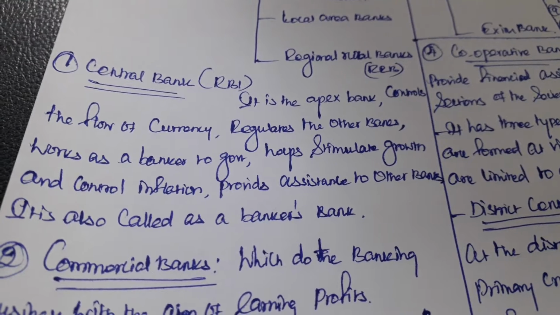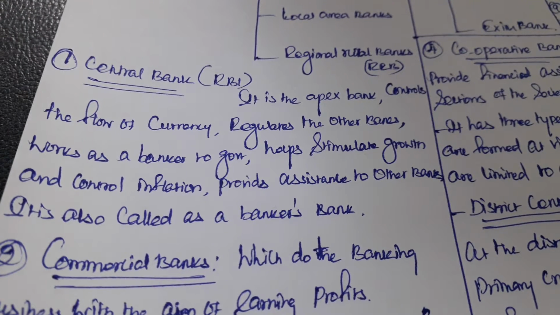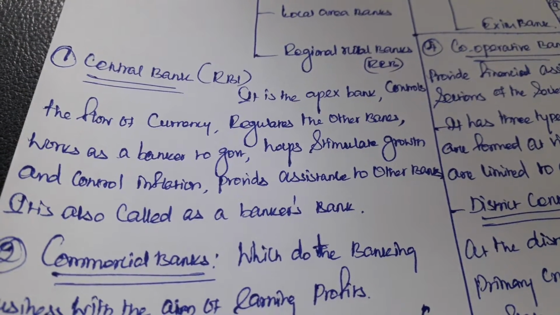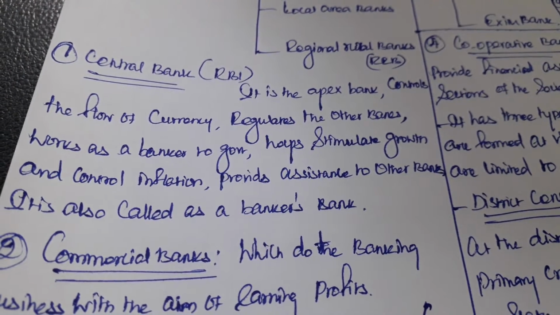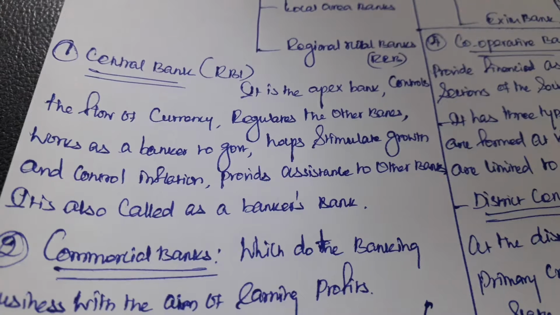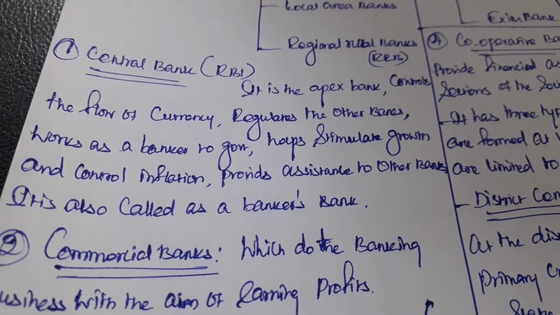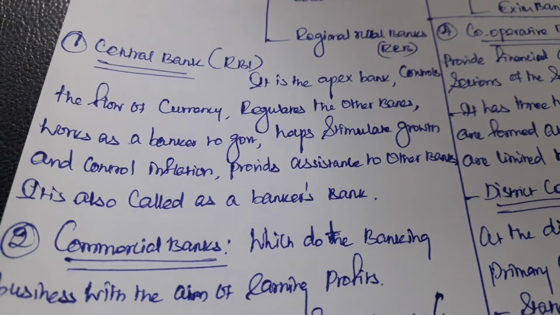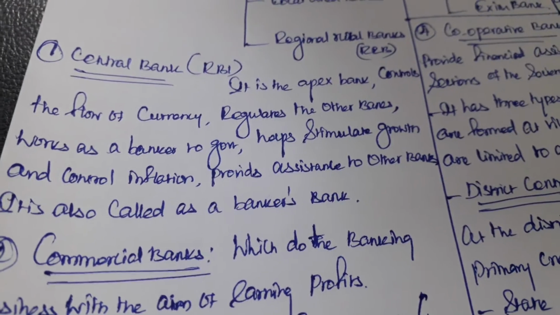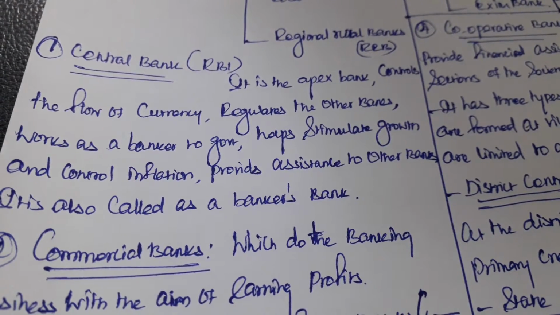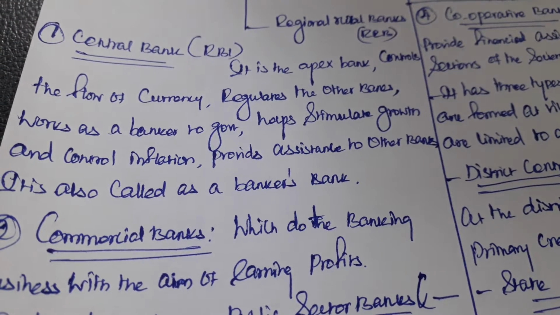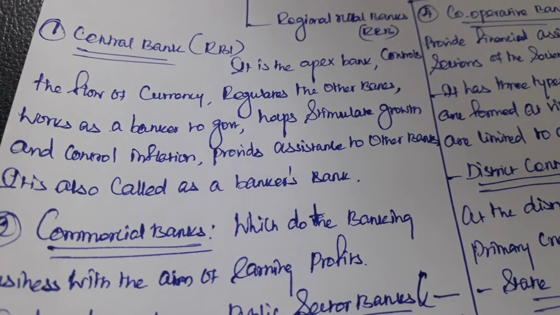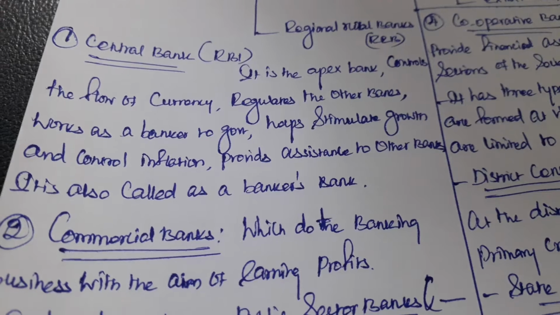It works as a banker to government, helps stimulate growth and control inflation, and provides assistance to other banks. If any other banks need any financial assistance, they will approach the RBI, and then RBI helps them.